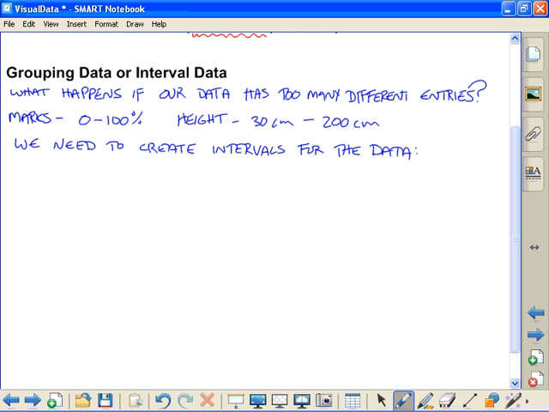Okay, there are only a couple of things to keep in mind when you are creating intervals. You must have intervals of equal size.